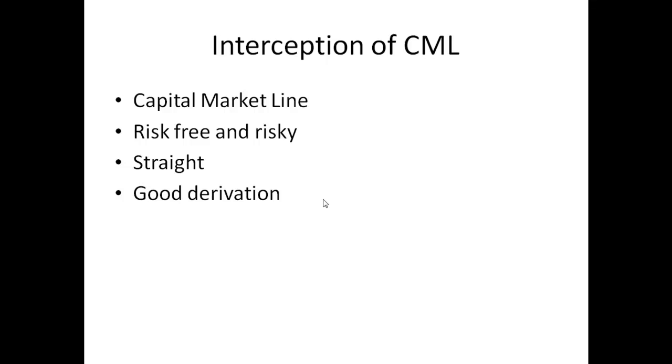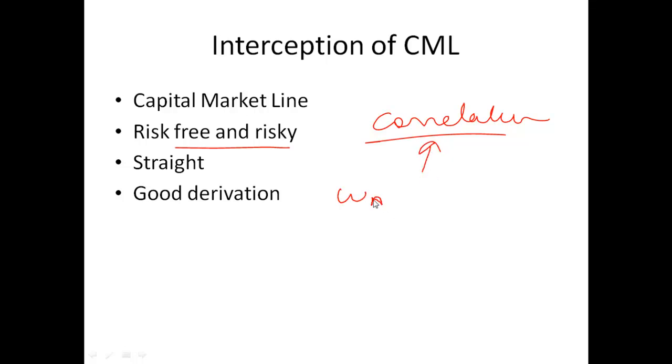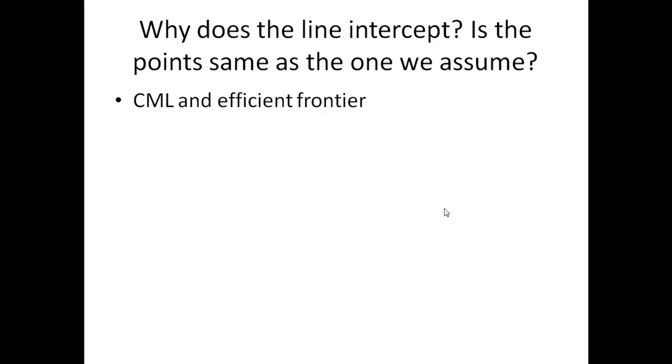So CML is called the capital market line. It's made up of the risk-free and risky assets. It is derived from the assumptions which we have in covariance and correlation. We minimize the covariance and correlation by adjusting the weights, going back to the equation, and so on.